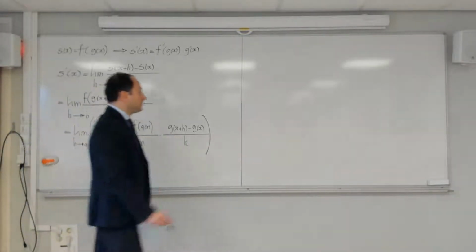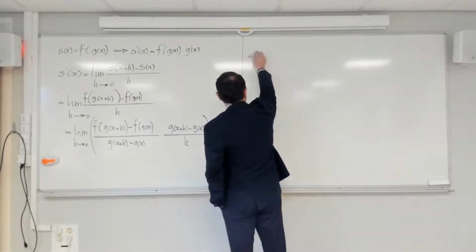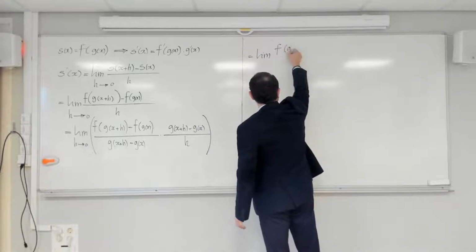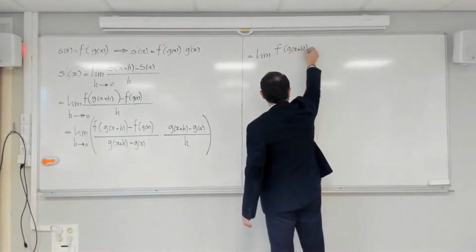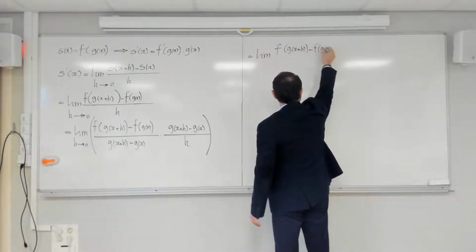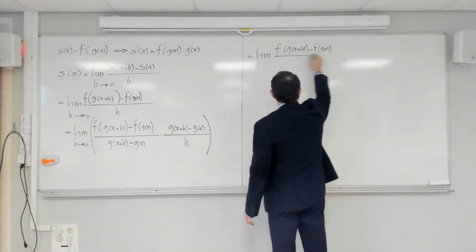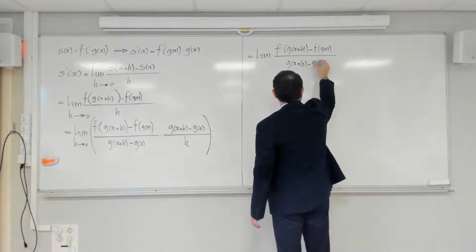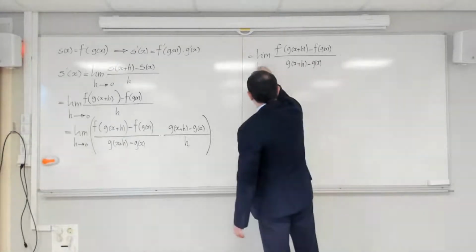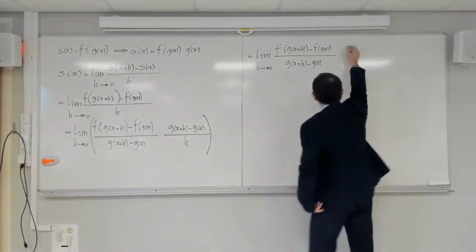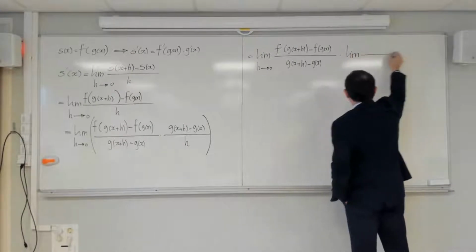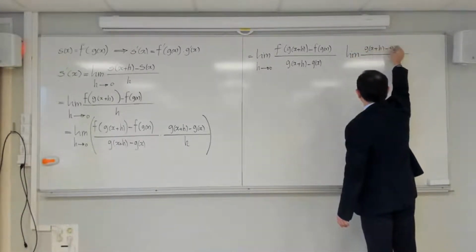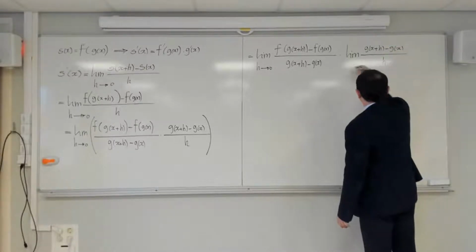Okay, so in principle, I can write it as the limit of the first function, f of g of x plus h minus f of g of x, divided by g of x plus h minus g of x, h goes to 0, multiplied by the limit of the second function, which is g of x plus h minus g of x, h goes to 0.